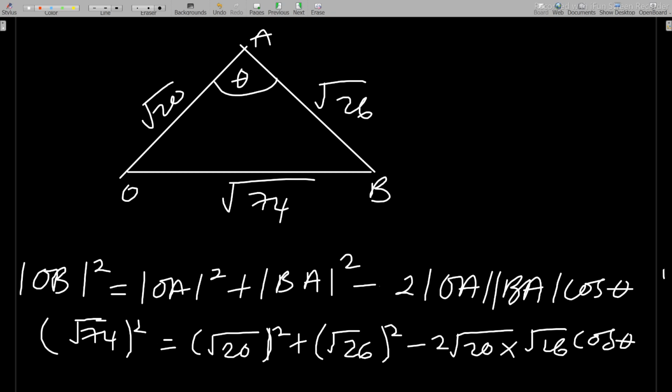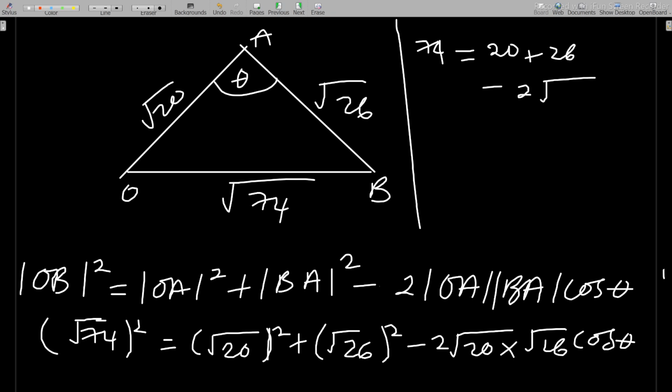So I'll get 74 equal to 20 plus 26, minus 2 square root of 20 times 26, then cos theta.